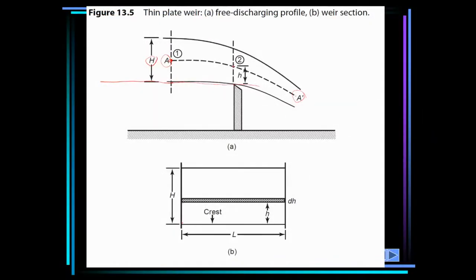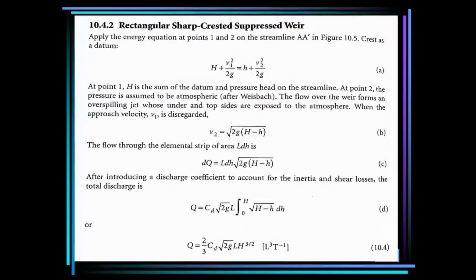Because of the reduction in the cross-sectional area, the velocity at this point will be higher than the velocity here, so we can disregard v1. This v2 is far greater than v1, so v1 is very small. If we disregard the approach velocity, we will have v2.